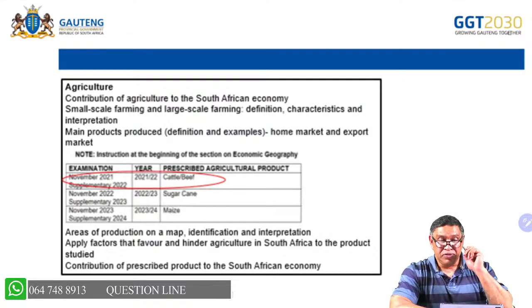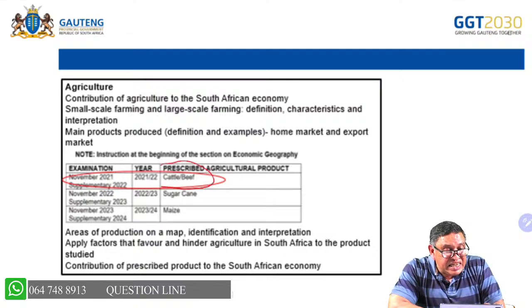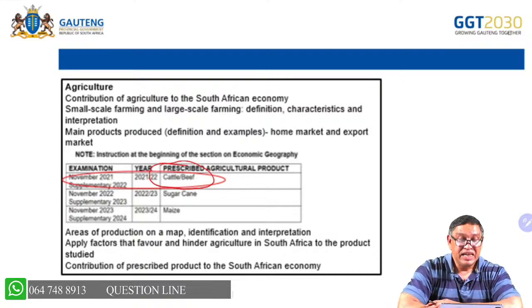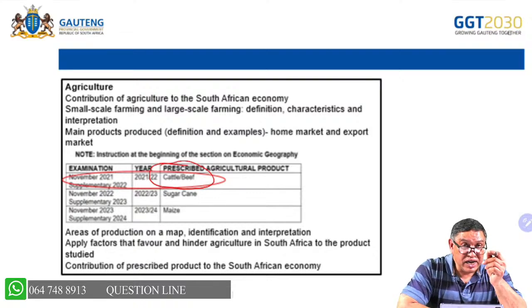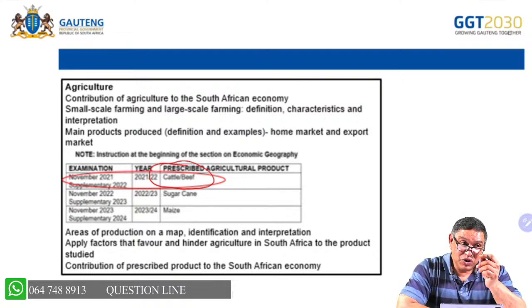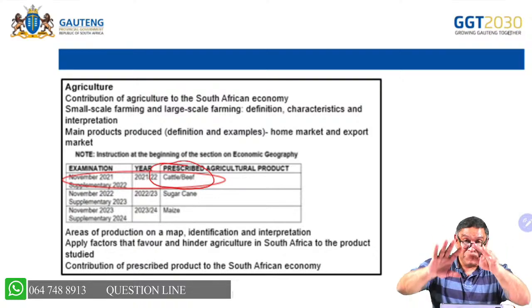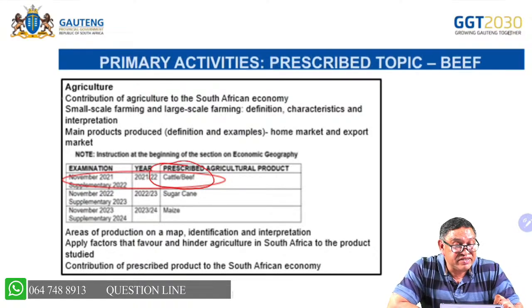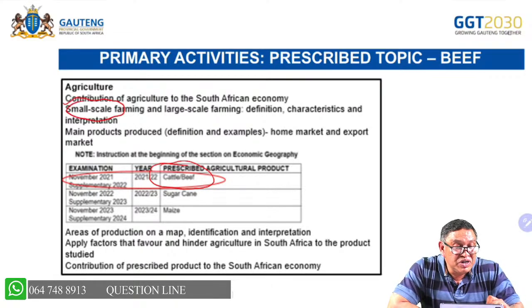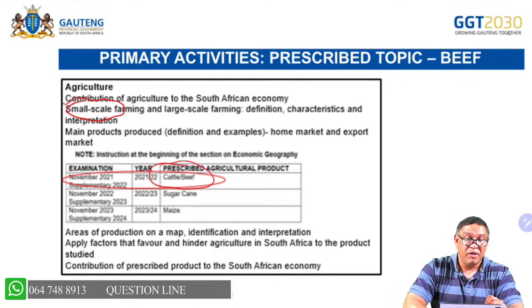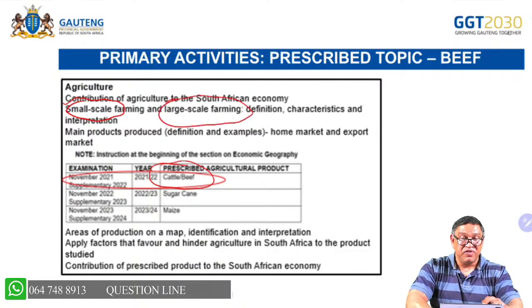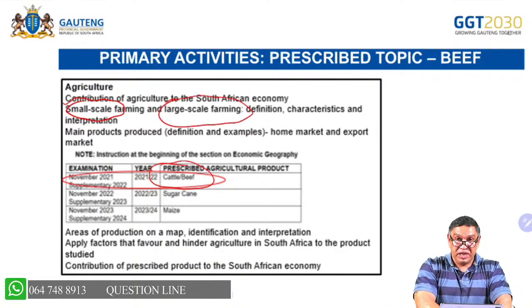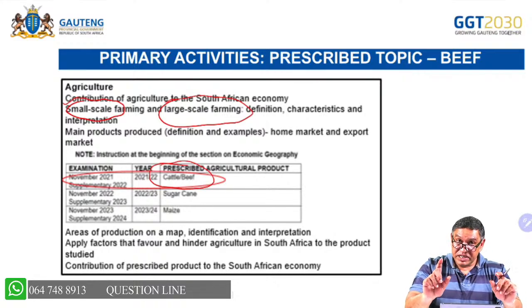Of course, this year's guideline is emphasizing cattle, and the product is beef. So beef cattle farming can be a specific type of farming that is done there. And of course, as I told you, you can relate small scale farming and large scale farming to beef farming. It's very, very simple.